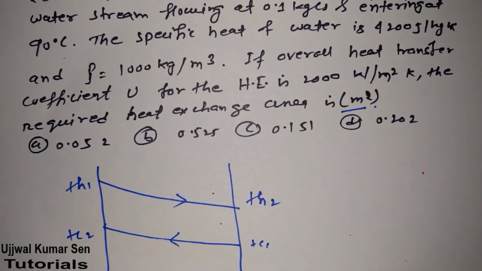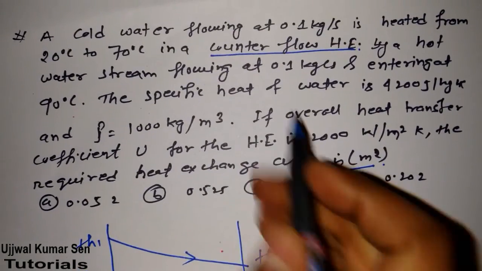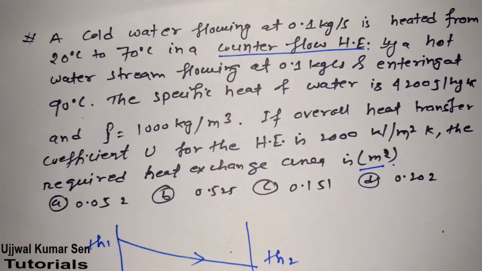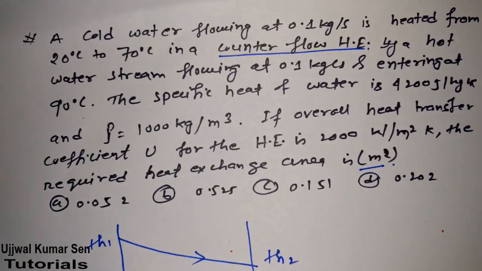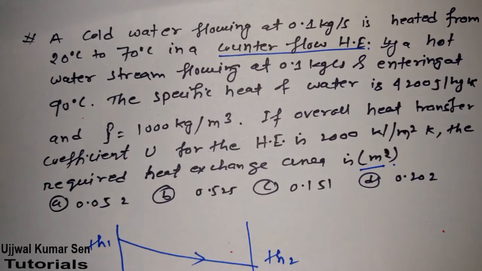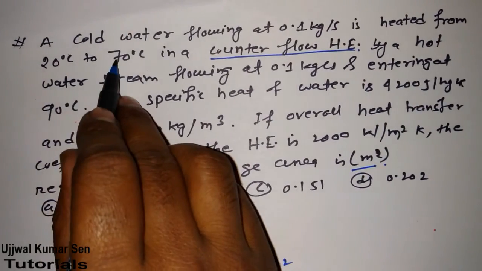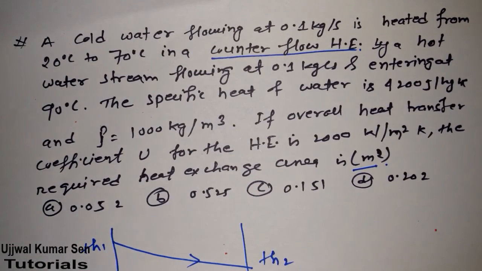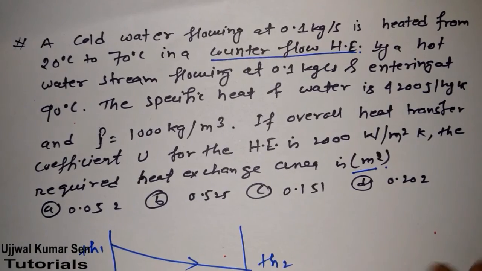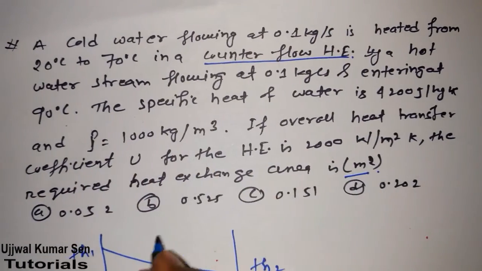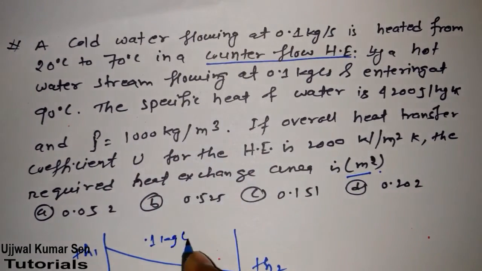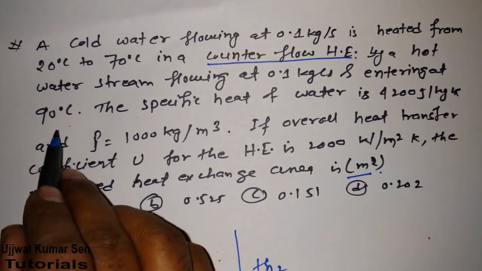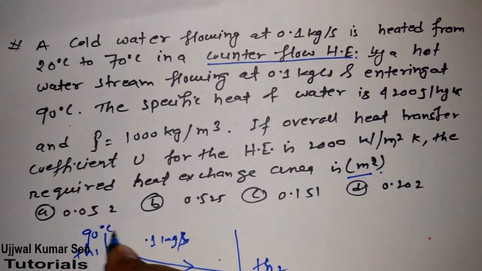Okay, so what is given: cold water flowing at 0.1 kg per second, heated from 20 degrees centigrade to 70 degrees centigrade. Now the hot water stream is flowing at the same 0.1 kg per second and entering at 90 degrees centigrade.